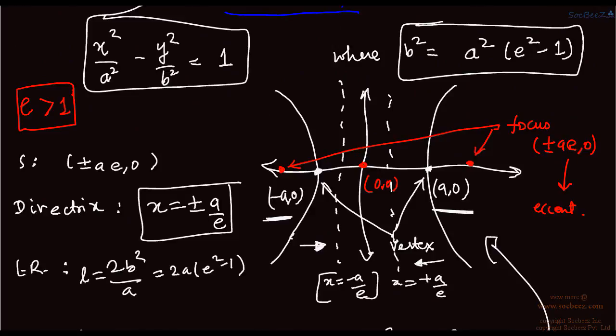Auxiliary circle. This is the auxiliary circle for the hyperbola. Let's make it completely.